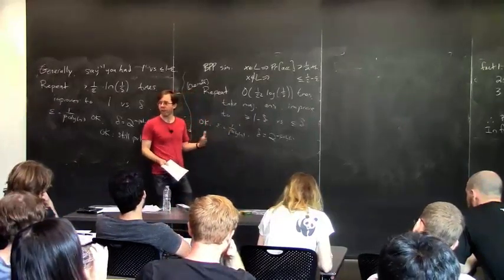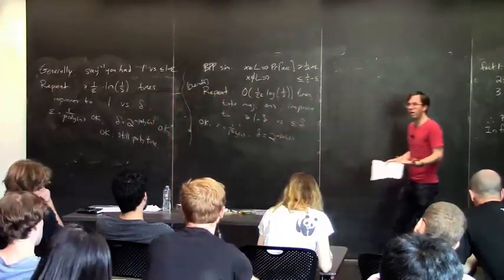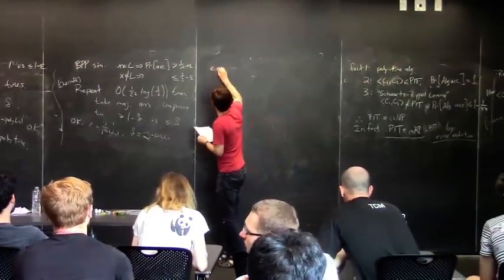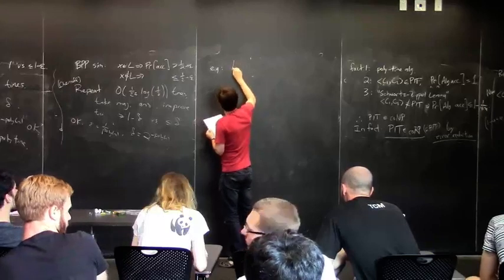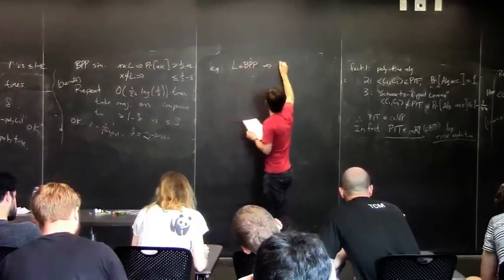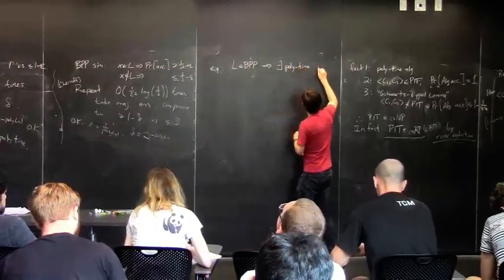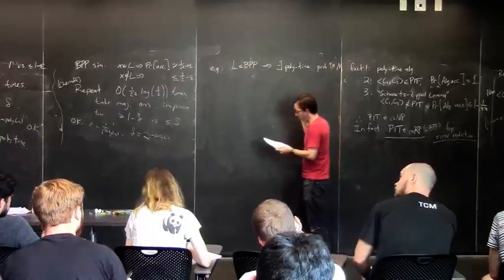You can always do that without loss of generality, and it will often make your subsequent argumentation a lot simpler. So, what we've seen out of this is that, if you have a language L in BPP, it implies there exists a poly-time probabilistic Turing machine M with the following property.